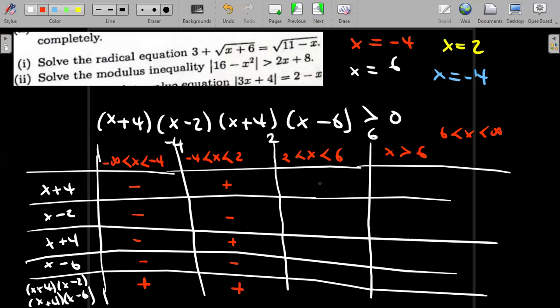Then we pick a value again in between here. When we pick a value in between there and plug in, we get positive. Plug there, we'll get positive. Plug into this one, we also get positive there. Then when we plug into this one with an x minus 6, we just get that to be negative.